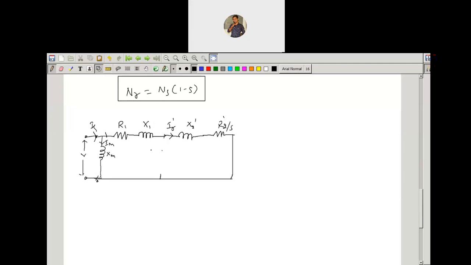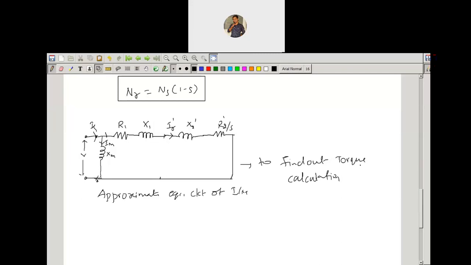Now, this circuit diagram is an approximate equivalent circuit diagram of the induction motor. We use this circuit to find out the torque calculations.